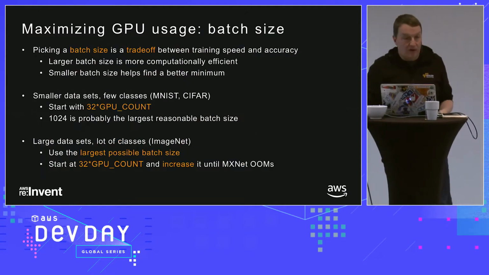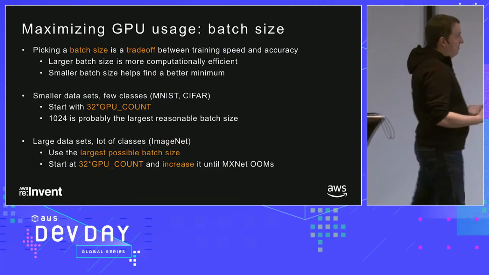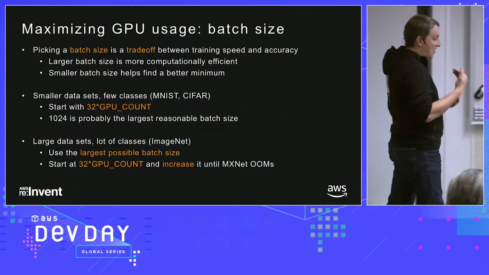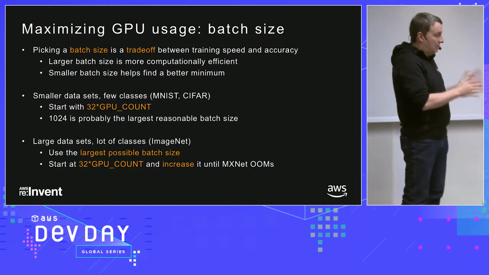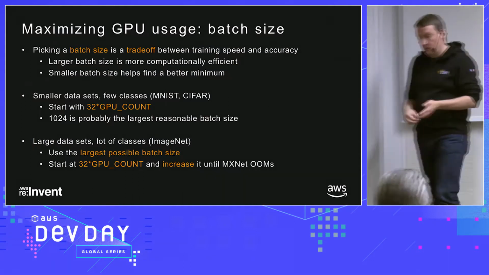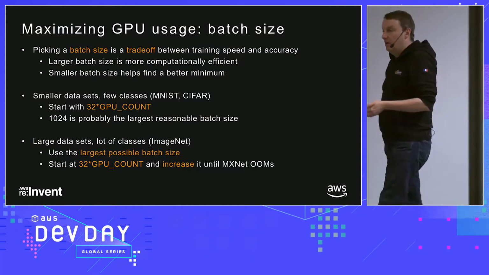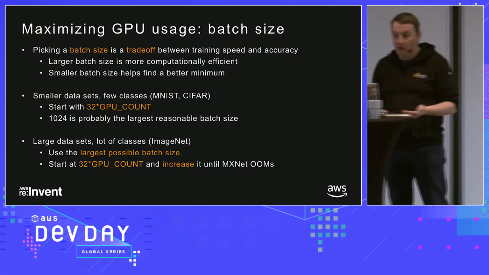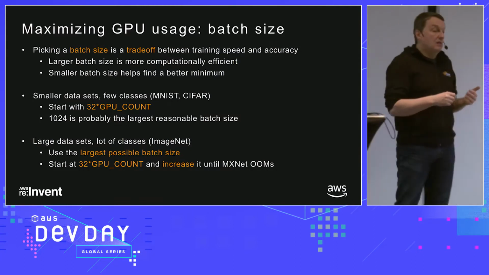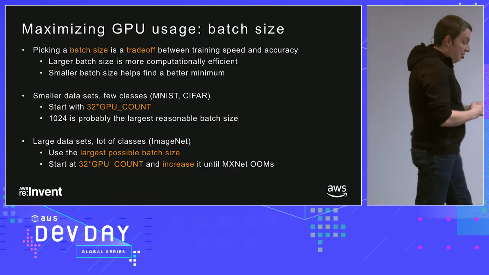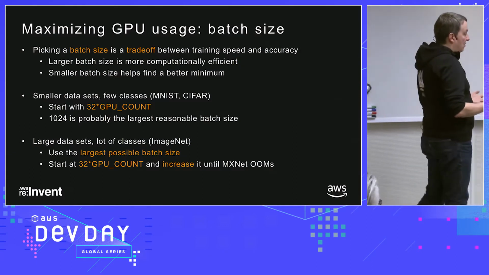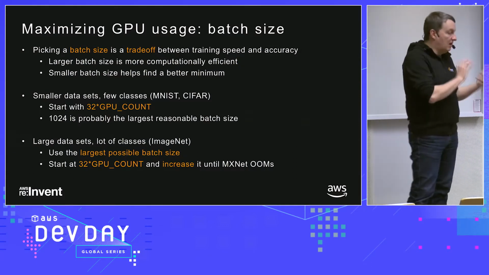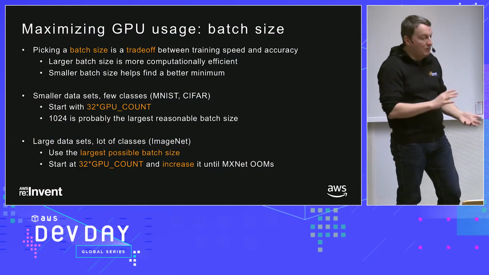So one parameter is batch size. The batch size is how we slice the data set and how big those slices are when we push them through the network for training. This is an important parameter. Usually people will agree that a larger batch size is more efficient, because you push more data at the GPU, so you keep them really busy.